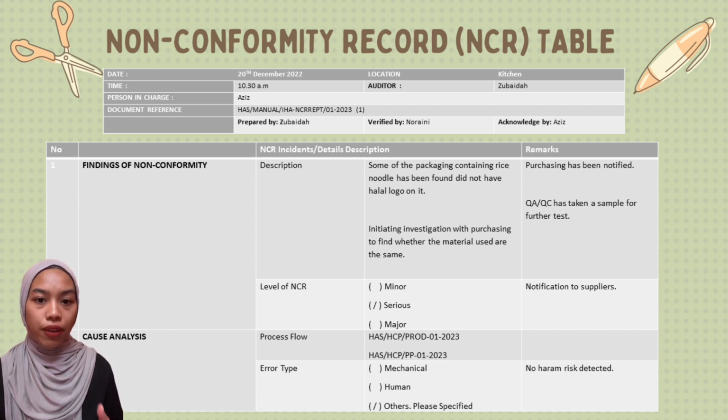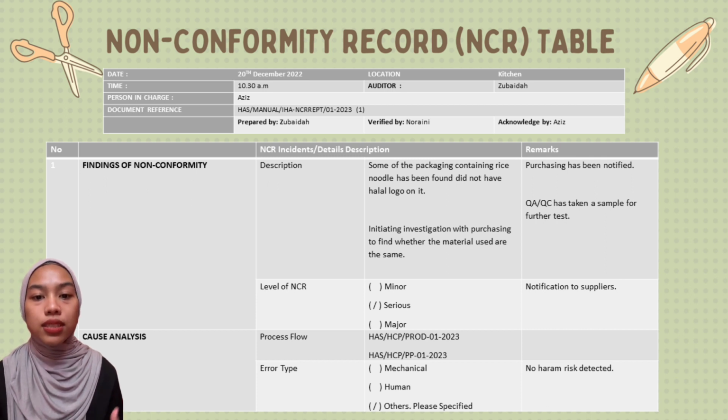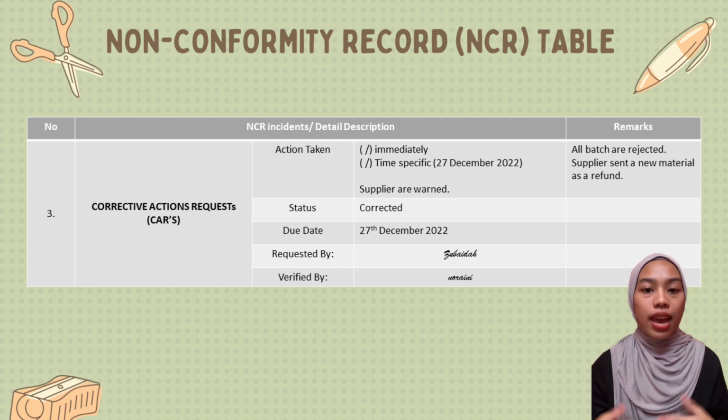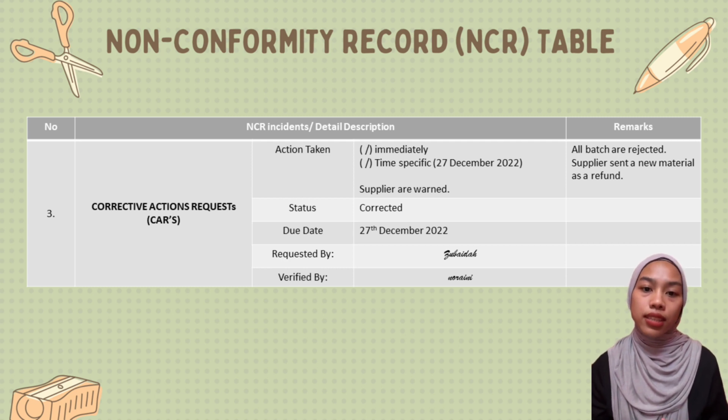The level of NCR is serious because this incident still can be changed. The error type is others, which is no haram detected, because it is a mistake from the supplier. The action taken is immediate, and the supplier is warned and sends new material as a refund. So the status of this incident is corrected.